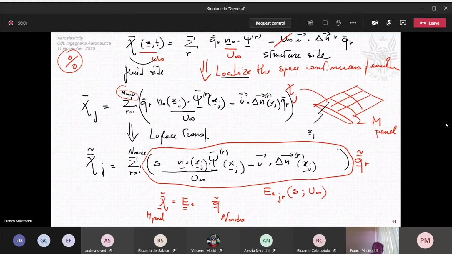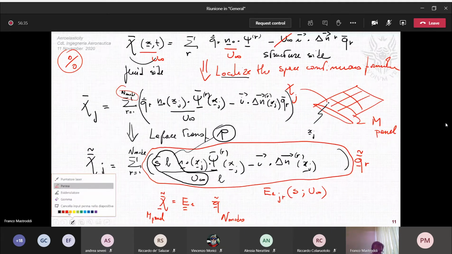So again, you can also consider in this ratio a reference length L, dividing and multiplying by L. And then we have again a unique nondimensional Laplace variable p, including the dependency on the Laplace variable s and the free stream U infinity. Okay, so in other words, this operator is depending on p.